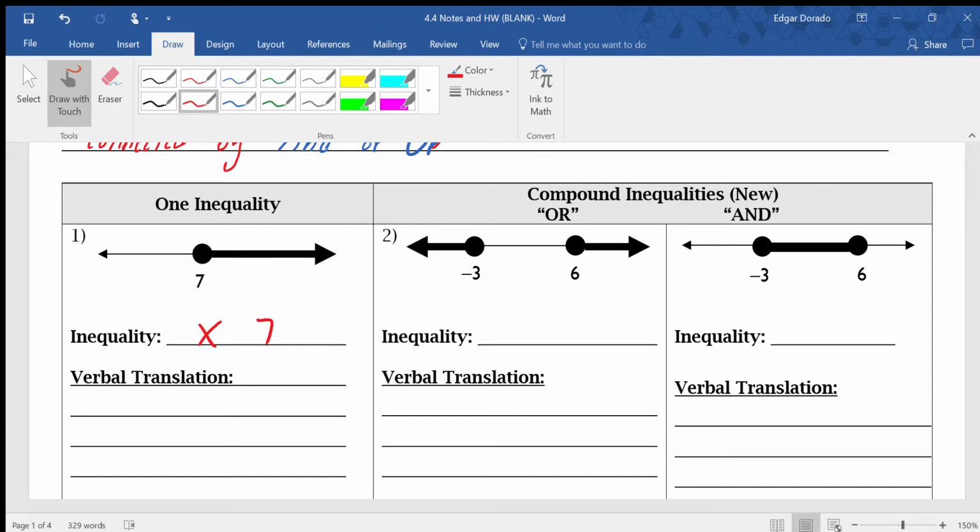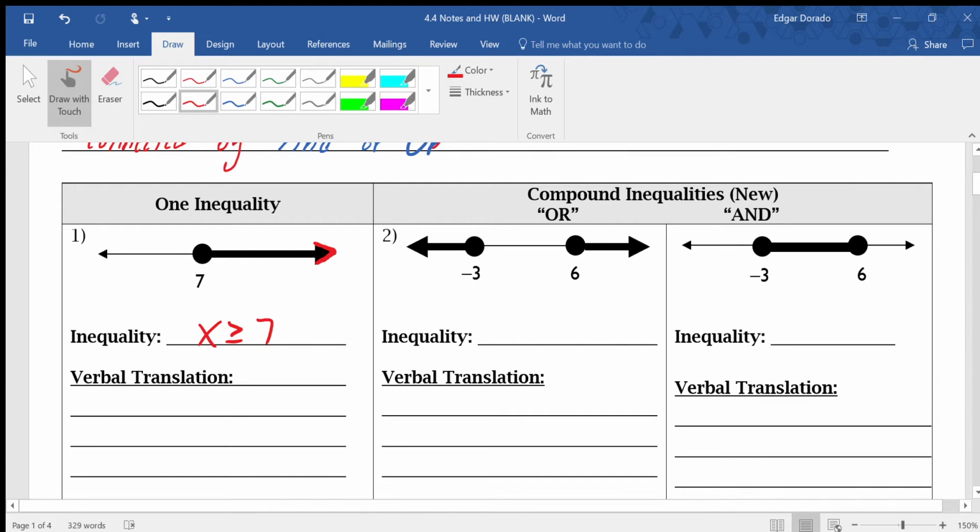Now we have to identify what symbol I have to use here. And because I am going to the right, okay, notice how I'm shading everything to the right of 7, which is everything that's greater than 7. And we have a closed circle, so it has to have the line underneath to show that it's equal to also. Okay, so how do we say this in words?